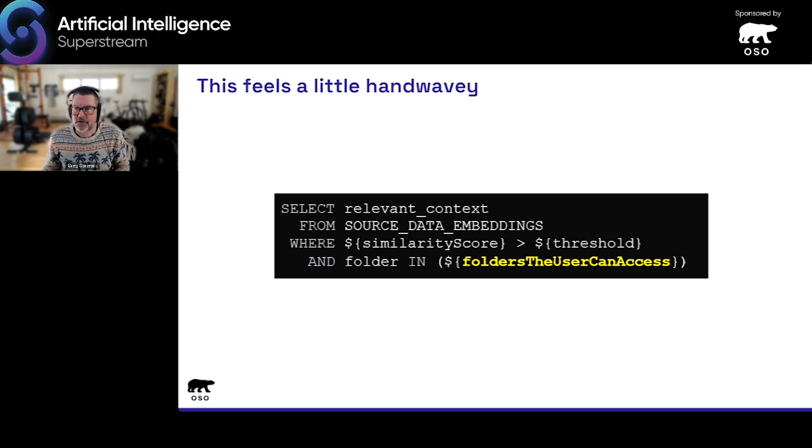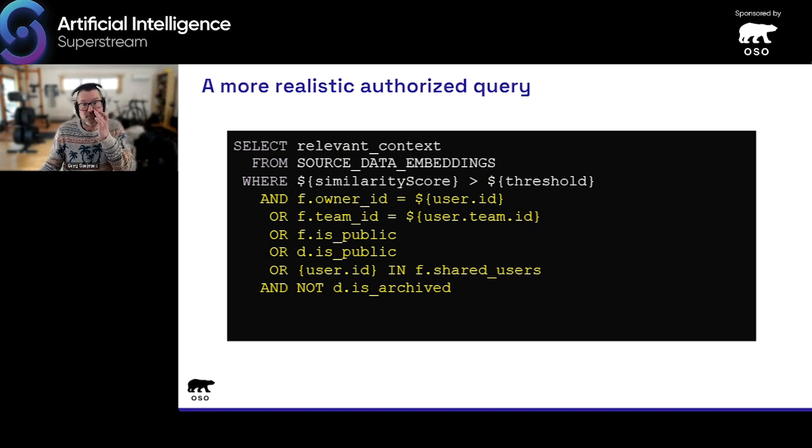In reality, you much more frequently see something like this, and even this is somewhat simplified, where if I want to figure out what folders or what data this person making the query has access to, I need to know all these things: is this user the person who owns the folder, or are they on the team that owns the folder, or maybe the folder is public, or maybe the document is public, or maybe we've shared that folder with a bunch of users who aren't in the team, but this user is a member of that list, but we don't want to show archive data, so let's exclude that from the set.